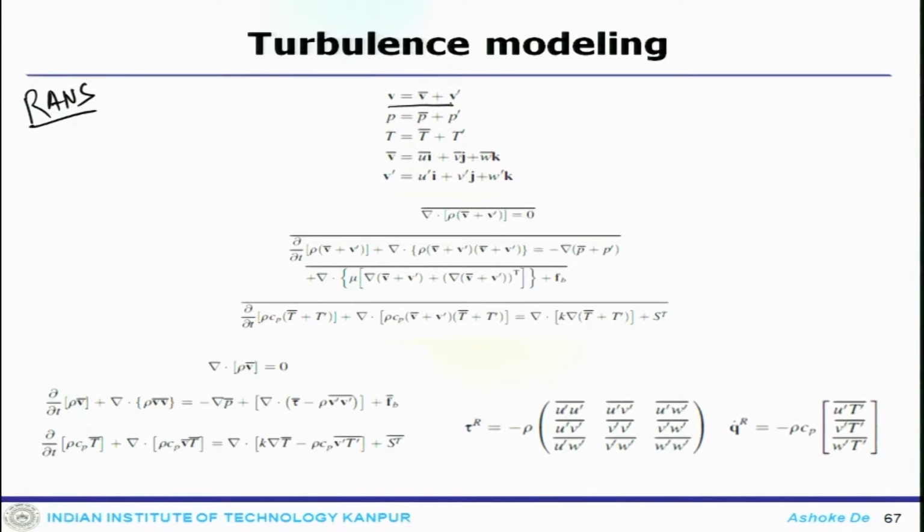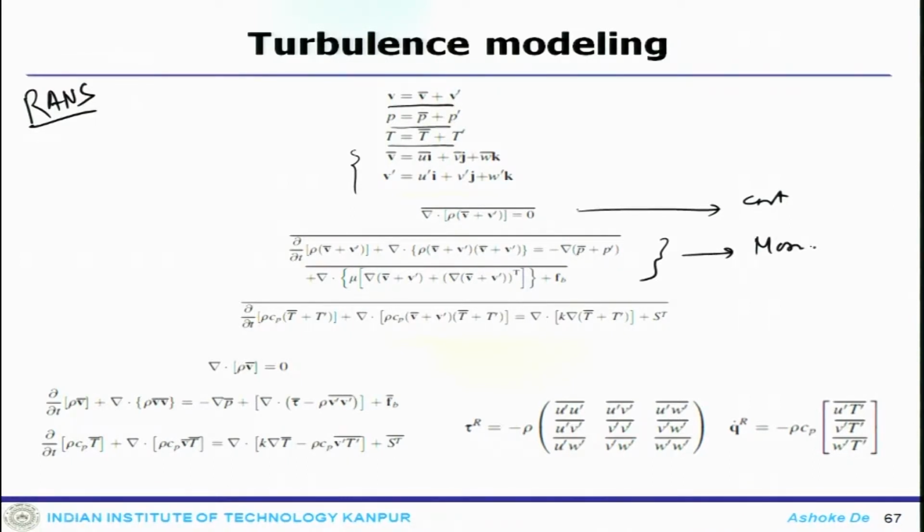Once you try to derive your RANS equation, you have a flow field which is average plus fluctuating, pressure is P plus P prime, temperature is T plus T prime, and these are all components. If you put these back in your continuity, momentum and energy equations, your continuity equation looks like this, and this is your momentum equation.